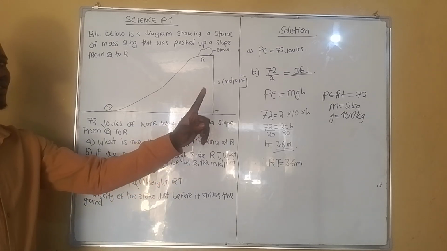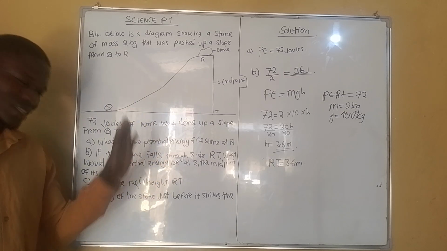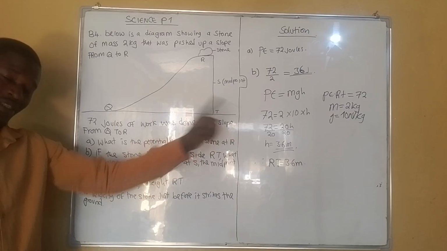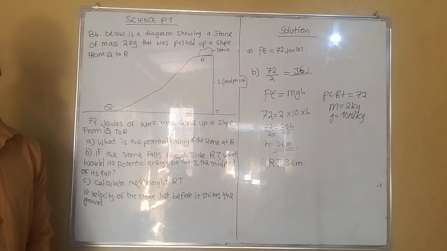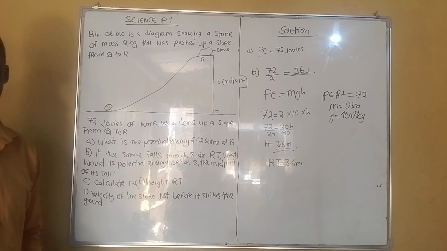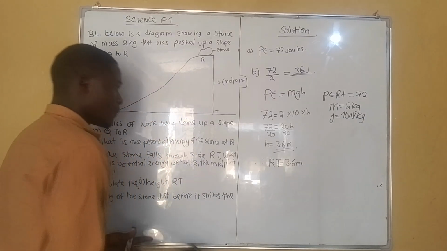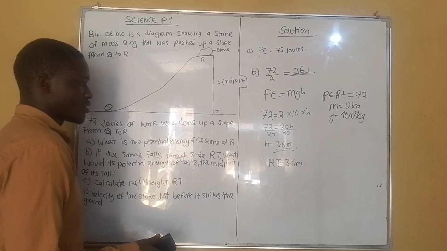Mostly in this syllabus, this exam that we are writing, we use 10. But when you go to that building there, you can use 9.8. No problem. I hope we are cool on this one.